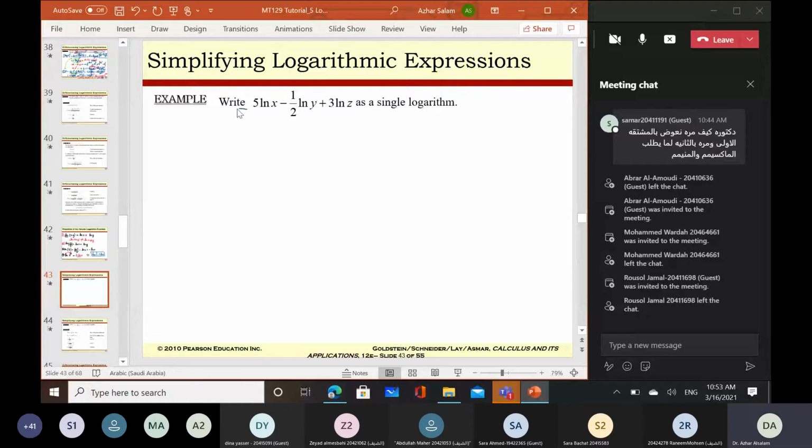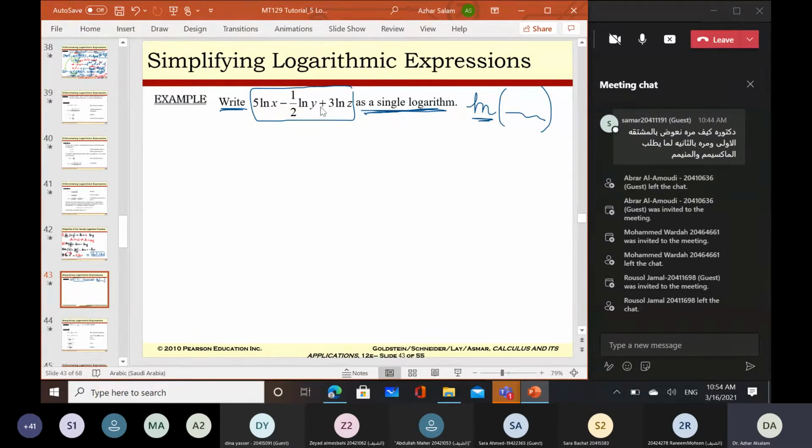Notice here the question: write this expression as a single logarithm. Single logarithm means write it as ln of one quantity.